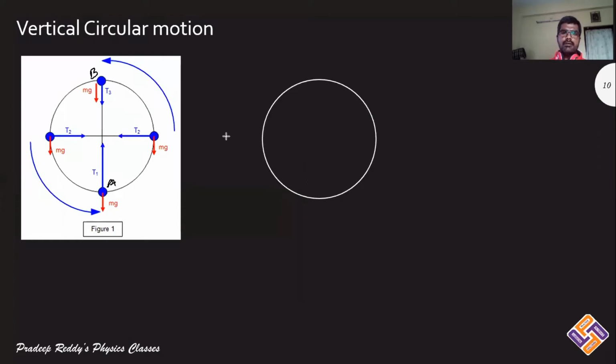This is vertical circular motion where the particle starts at position A, and this is position B, this is position C, and this is position D. When you are providing velocity at position A, depending on the velocity provided for this particle, you will be providing some magnitude of velocity here. Corresponding to this velocity, the body can go up to point B, or the body can reach point C and execute complete circular motion.